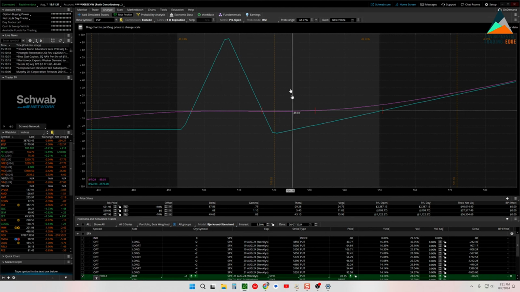And then we can combine these types of structures to get inherent edge in our extrinsic value, but at the same time, we can also use the underlying environment in the macros, the underlying asset. We can use the volatility across different expirations, right? All sorts of different variables go into the exact metric that makes up the trade that we're using.